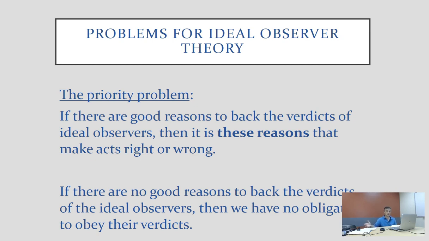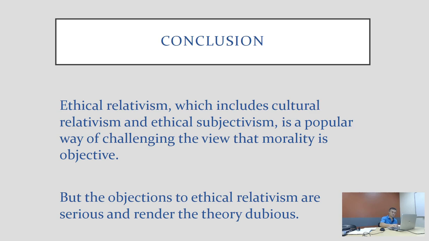The ideal observer view is we just had to look at that individual and find what they approved of and disapproved of, and then we would know what's right and wrong. But no, if they have good reasons to back their verdicts, then it's those reasons that make acts right or wrong. If there are no good reasons to back the verdicts of the ideal observers, then we have no obligation to obey their verdicts. We're back to where we were before we had the ideal observer strategy.